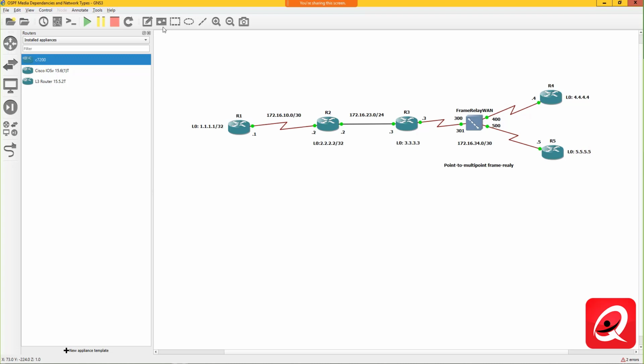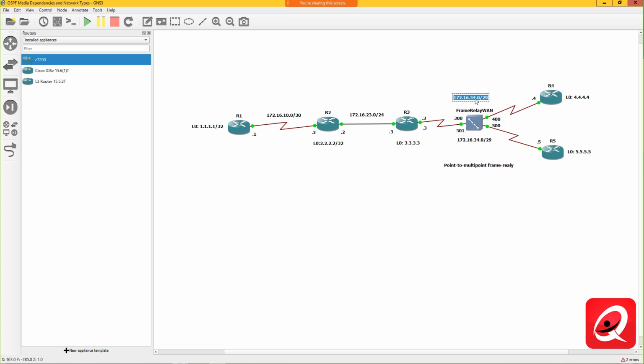And we're going to configure .3 on that subnetwork for that PVC, and this guy will be .5. Actually, let's make this a .29, so that'll work.